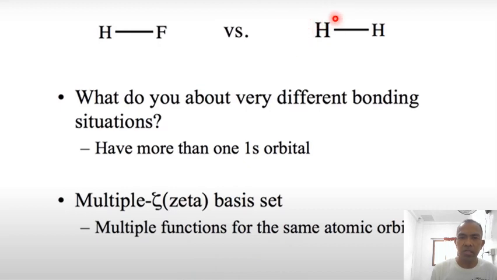To add flexibility, maybe what I have to do is, in my basis set, let hydrogen have more than one s orbital.